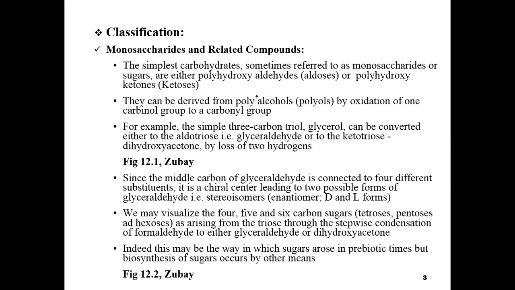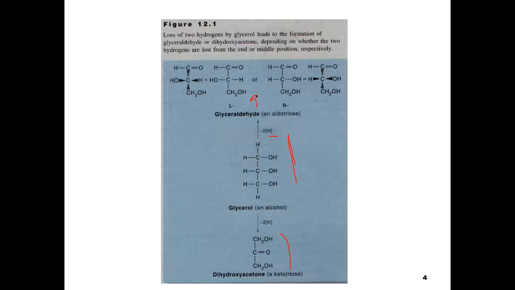The middle carbon of glyceraldehyde is connected to four different substituents. This is the middle carbon, and it is attached to the carbonyl, you can see the aldehyde group, the carbonyl group.